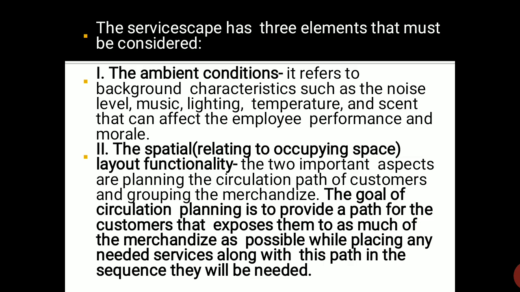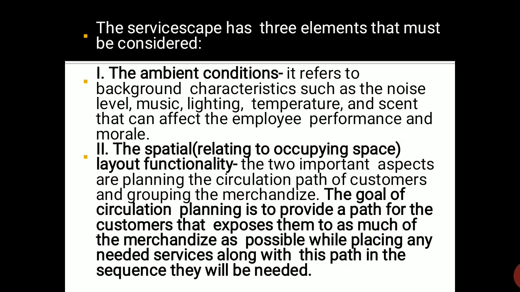Then it gives a longer term effect to the service renderer. That is why the space that is being occupied should be properly used, so each area is covered, and at the same time each product is under the sight of the customers, or maybe the potential customers, right?